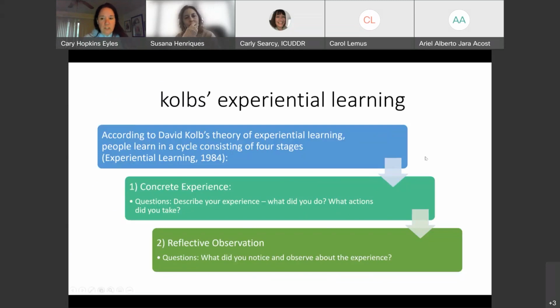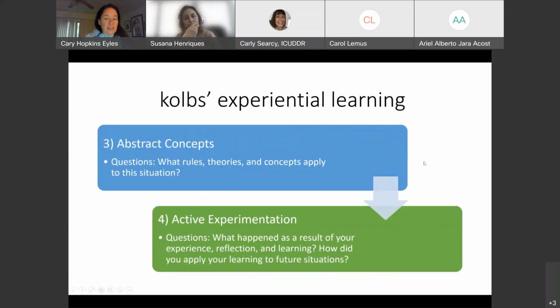Then, what rules, theories, and concepts apply to this situation? That's your abstract concepts. And then active experimentation. What happened as a result of your experience, reflection, and learning? And how do you apply your learning to future situations?